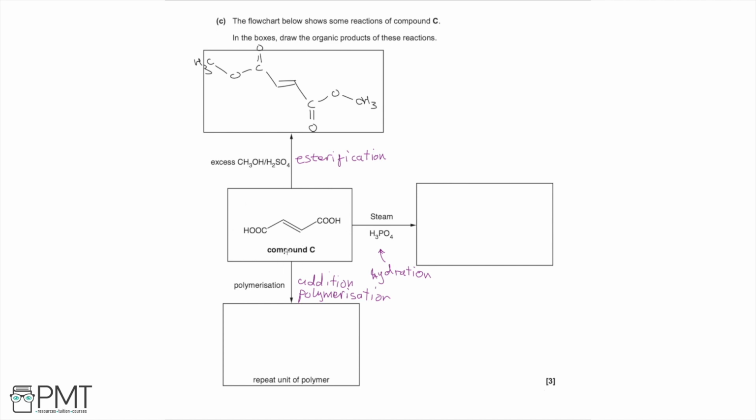In compound C, we're going to add steam and phosphoric acid, so we're going to have our carboxylic acids here, and one of these two carbons is going to be an alcohol. And finally, with the polymerization, we're going to draw the repeat unit of the addition polymer.